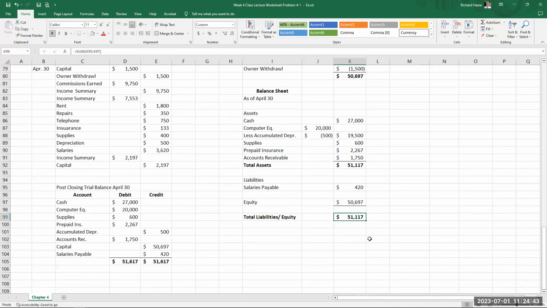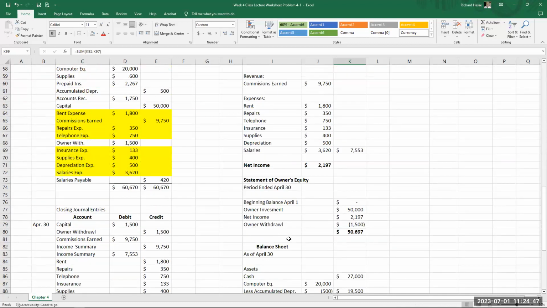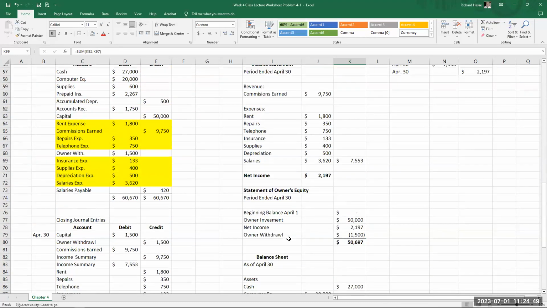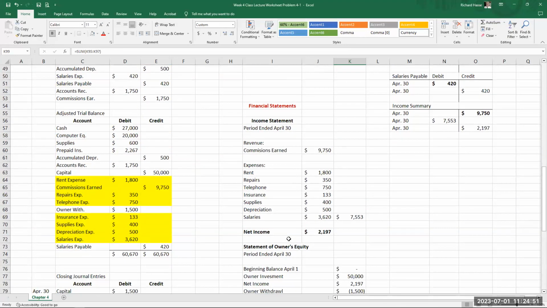There are still 2 more steps left to do in the accounting cycle. We now have to do what are called the closing journal entries. In other words, we've got to set the books up for the month of May. And it's very simple. Closing entries close out or zero out all temporary accounts. What's a temporary account? Revenue, expense, and owner's withdrawal.